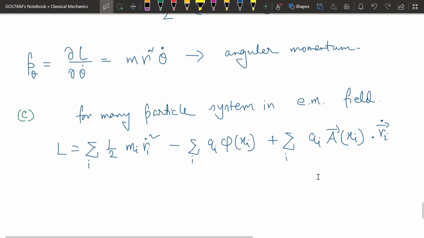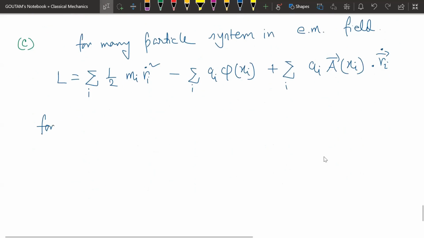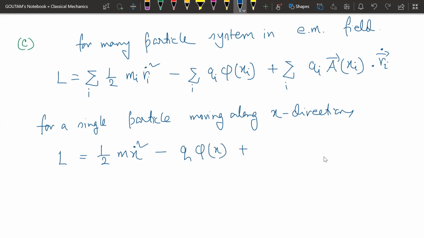This A is the vector potential. So for a single particle moving along the x direction, we will have L equals half m x dot square minus q phi plus q Ax x dot. Ax is the x component of the vector potential.